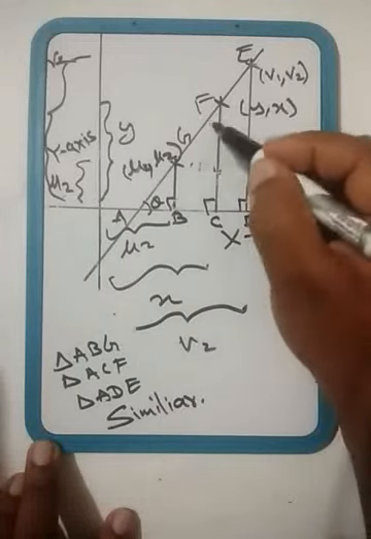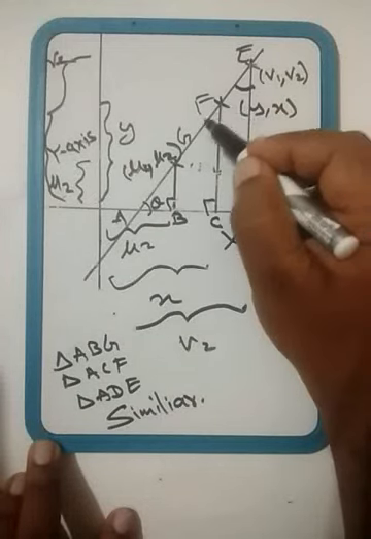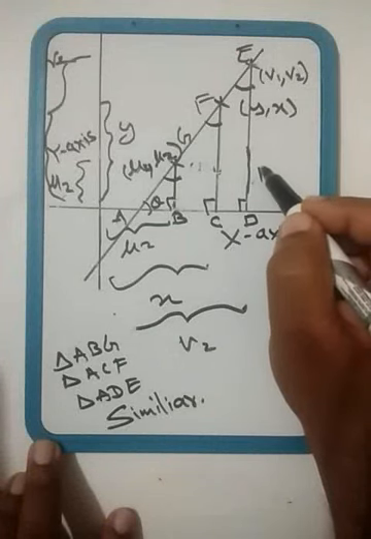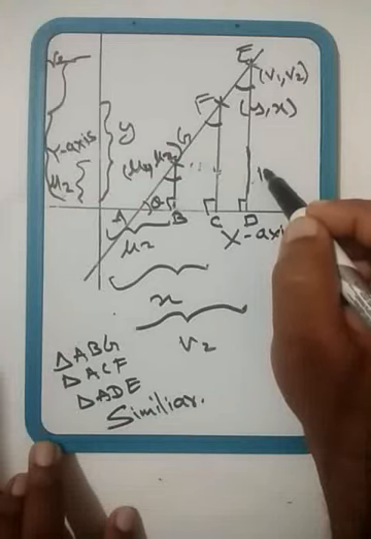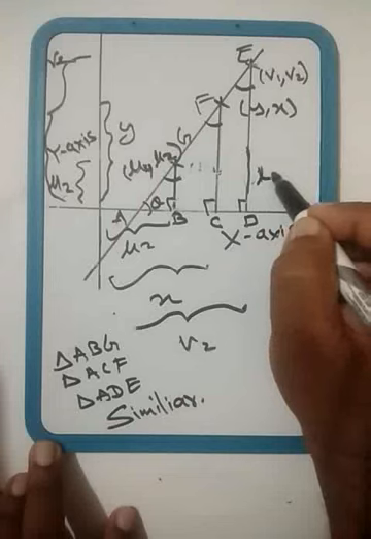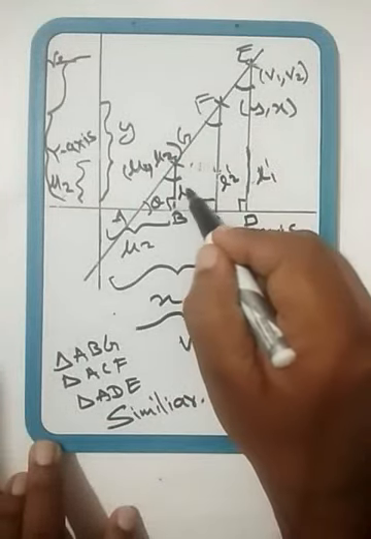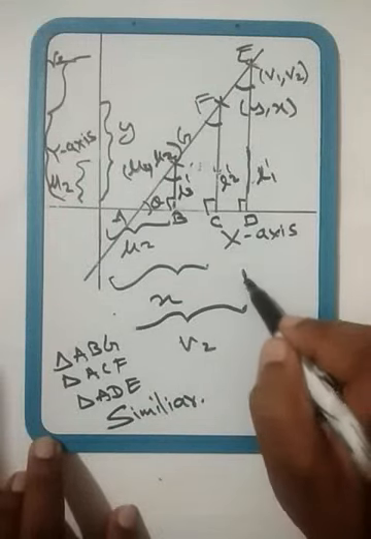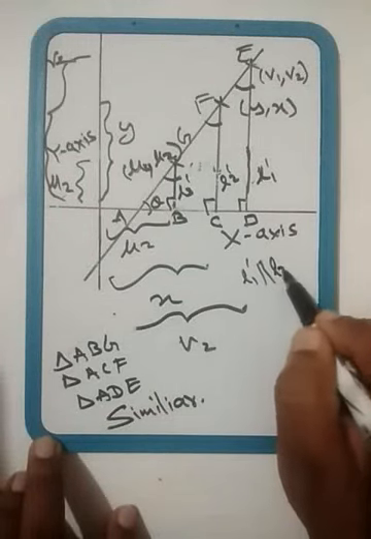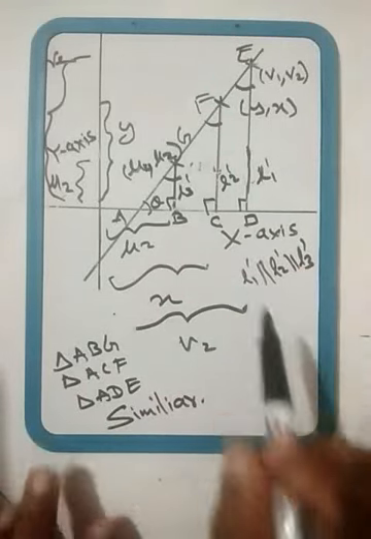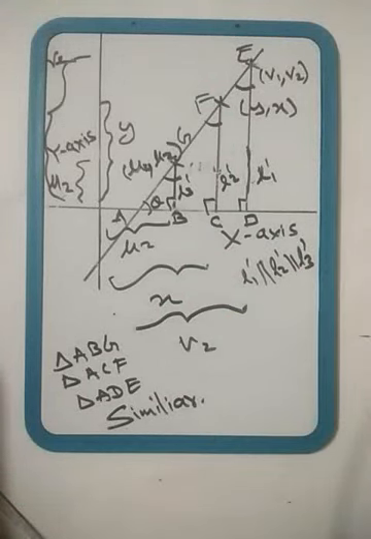This angle is the same as this angle, is the same as this angle. These lines are parallel lines. Let's call them L1 dash, L2 dash, L3 dash: L1 dash parallel to L2 dash, parallel to L3 dash. So we get that these three lines are parallel.